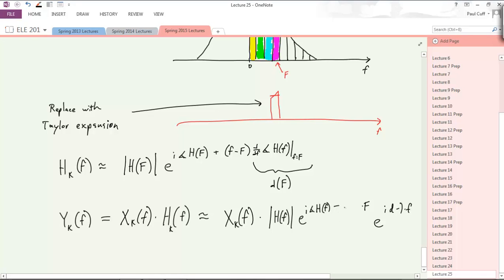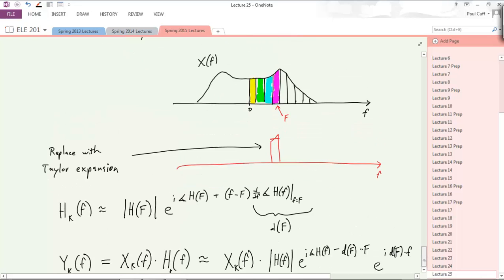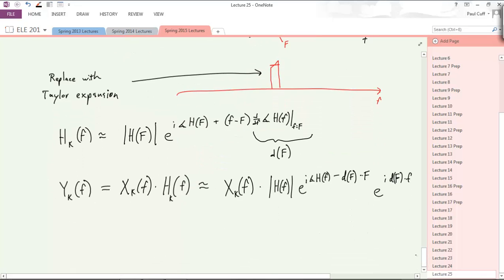So f minus d of capital F times f. I don't want to make it look like this varies. For that whole frequency band, we're just approximating the derivative at the center frequency.